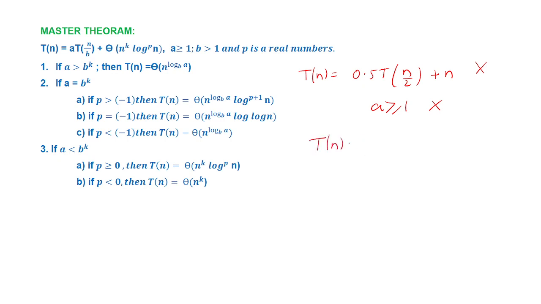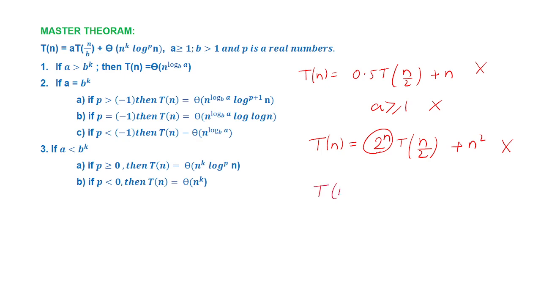Let's say you have some recurrence relation T(n) = 2 to the power n T(n/2) + n square. Here also you cannot apply the Master's theorem because you don't have a as a constant, you have a as a function of n, which dissatisfies the condition of Master's theorem.